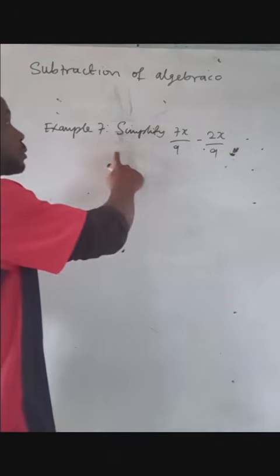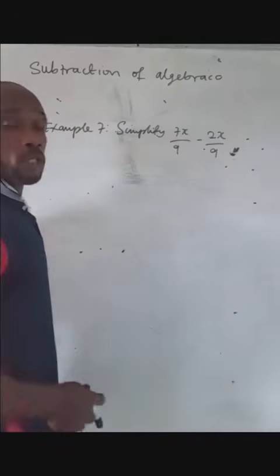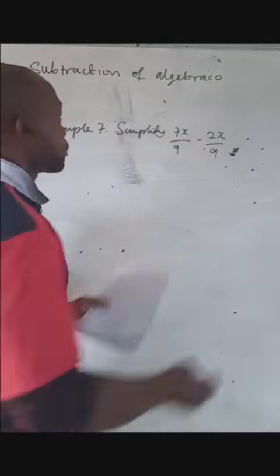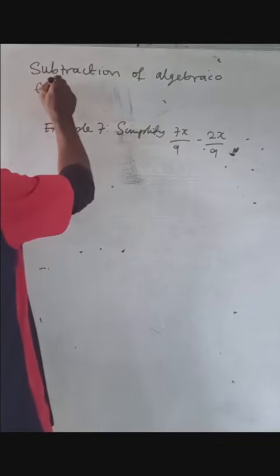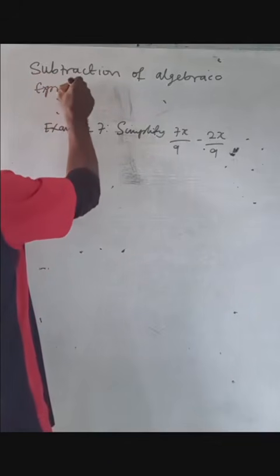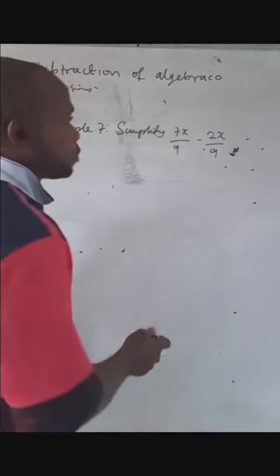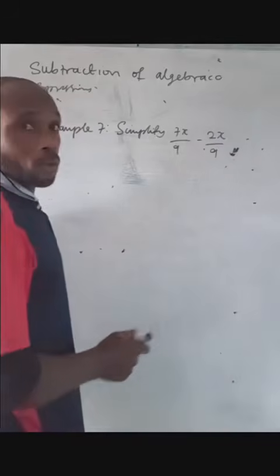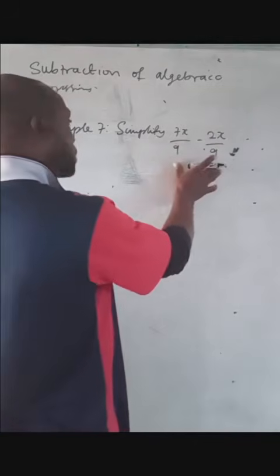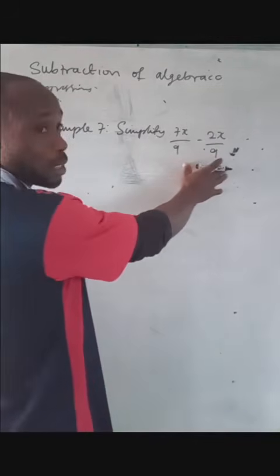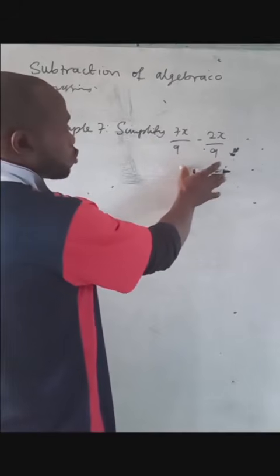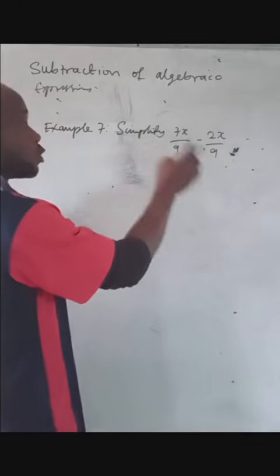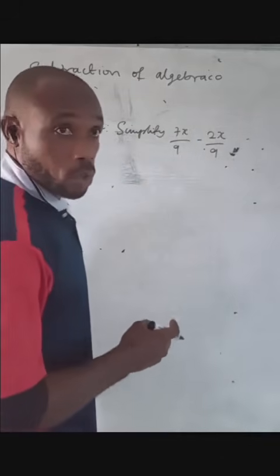Example 7, subtraction of algebraic expressions. So simplify 7x over 9 minus 2x over 9. In this example again, the denominators are similar, they are the same. So what we are going to do here, we'll apply the method we used in addition of algebraic fractions.